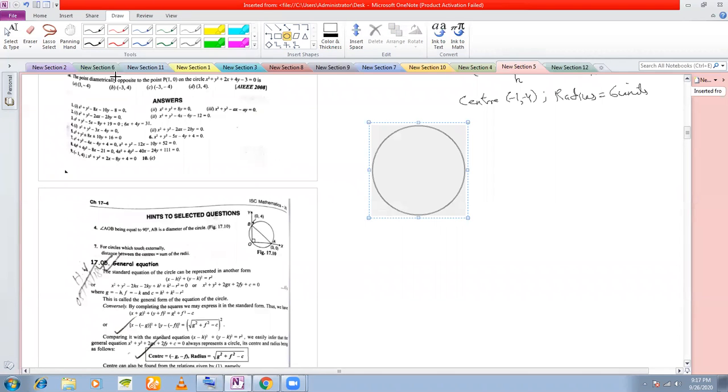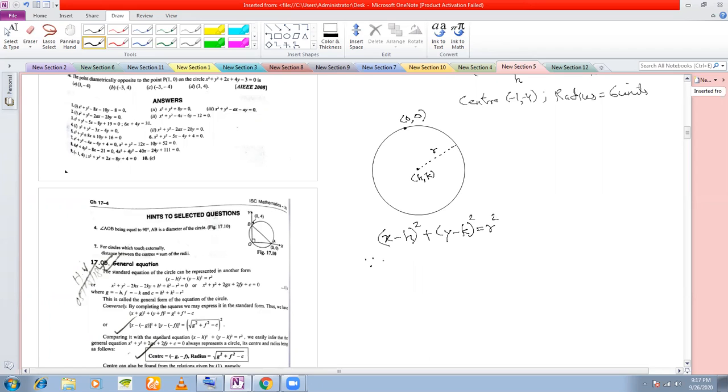This is your circle, and say this is the center (h, k), the radius is r, and the origin is a point on the circle. Then what should the equation look like? From the standard equation of a circle, you have x minus h whole square plus y minus k whole square equal to r square.